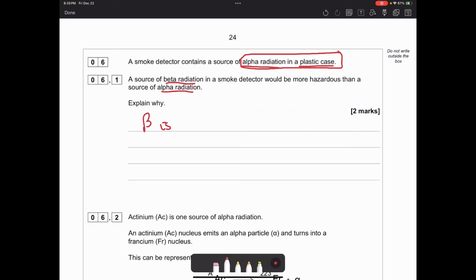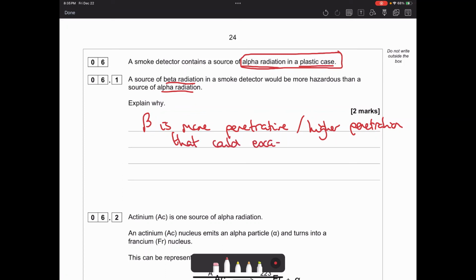Well, beta is more penetrative, or has a higher penetration, that could escape the plastic case. Okay, so that's why, but then how is it actually more hazardous?